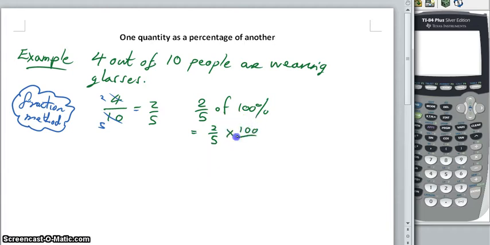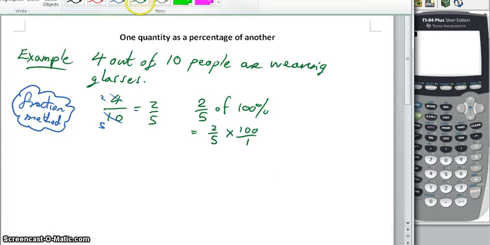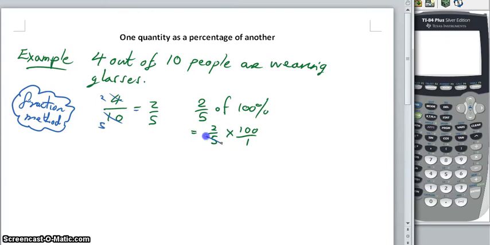Now look what you end up with, a fraction. If you can see anything that will simplify, 5 goes into 5 one time, and 5 will go into 100 20 times. So what you end up with is 2 times 20, which is 40%.